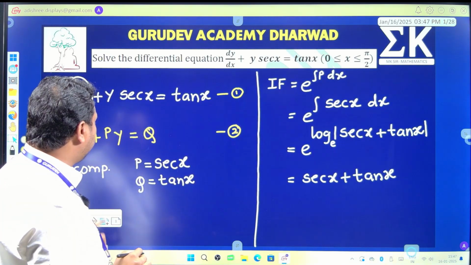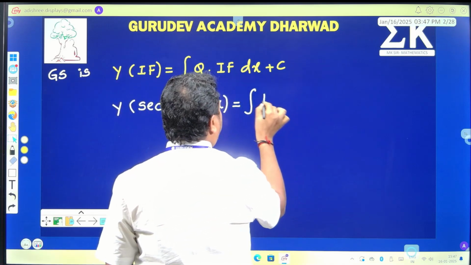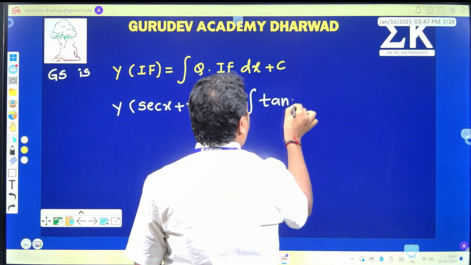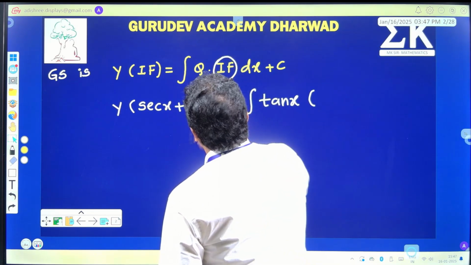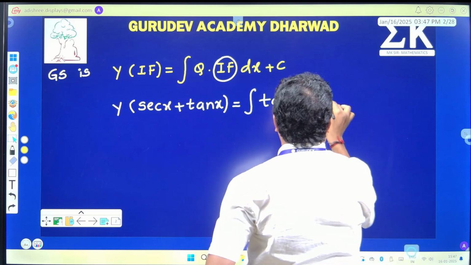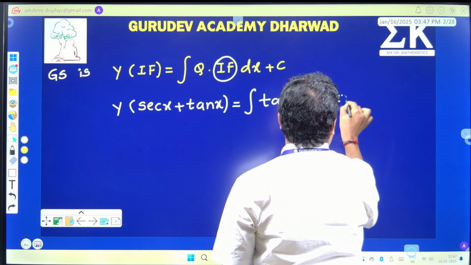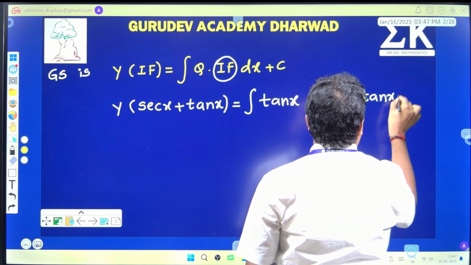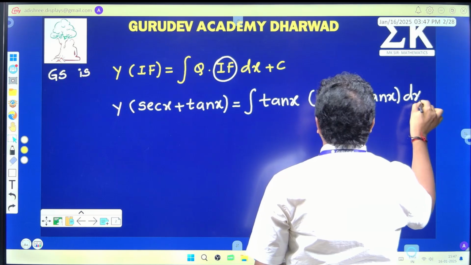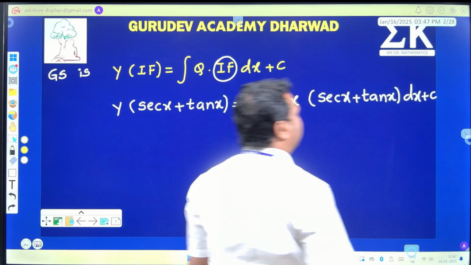Q is nothing but tan x, into the integral factor, secant x plus tan x, with respect to x, plus c.